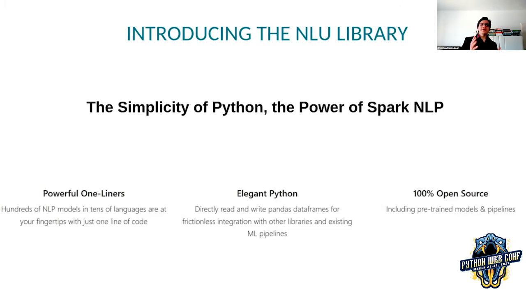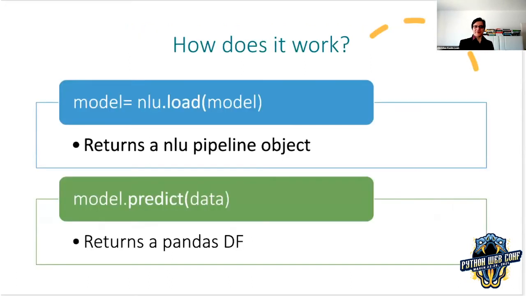And to truly embrace its Pythonicness, NLU works effortlessly on pandas data frames and gives you pandas data frames also back. And of course, all of this is 100% open source. You are free to contribute new models or code. And of course, it is free to use. So you can make your own company or startup or services from this.